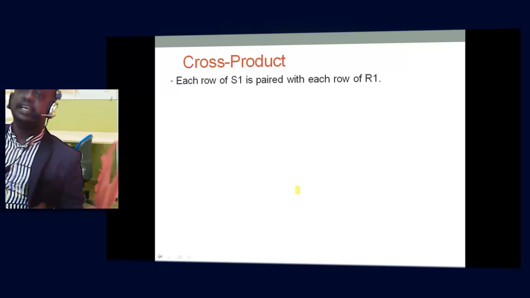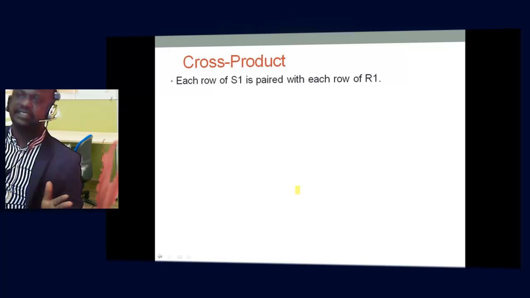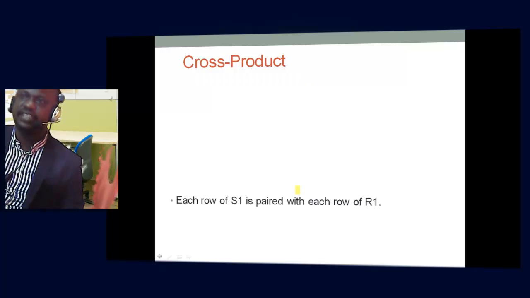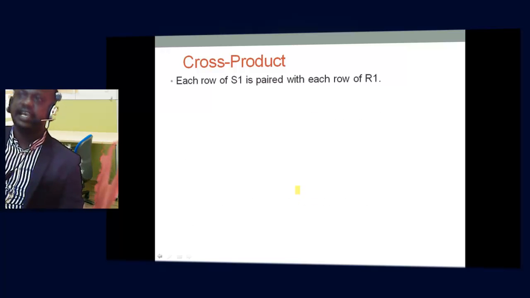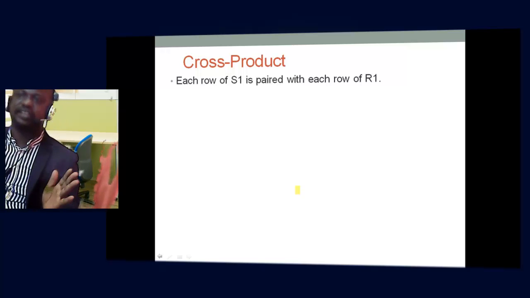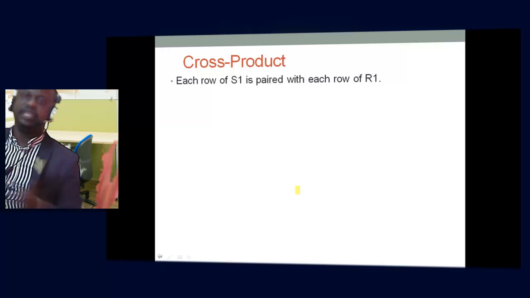Now the next topic will be product. When you take the product or the multiplication of S1 against R1, each row of S1 is paired with each row of R1, because it's a multiplication.